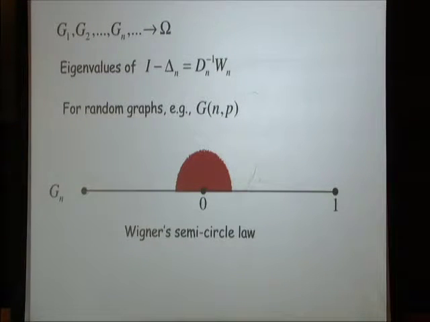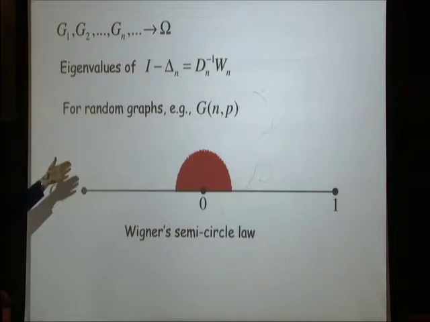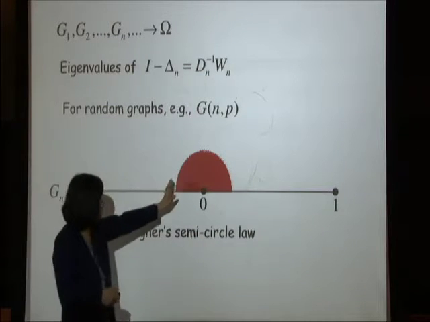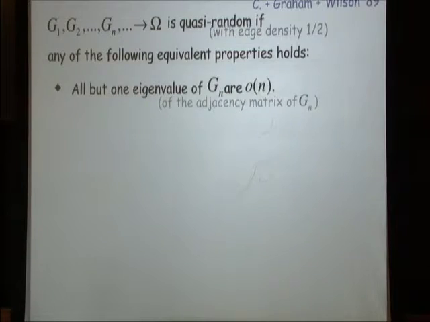At the beginning, we really tried to understand the random-like behavior of a graph, right? The eigenvalues are very well studied. For random graphs G(n,p), there's a lot of work trying to understand the eigenvalues, and there is this semicircle law. So what happens to the limiting behavior if I look at it like this?